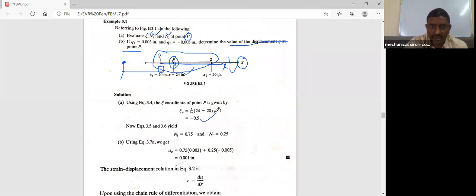So J at the arbitrary point P is equal to minus 0.5. That means it is on the left side of the middle point. At the middle point of the element, J is equal to 0.